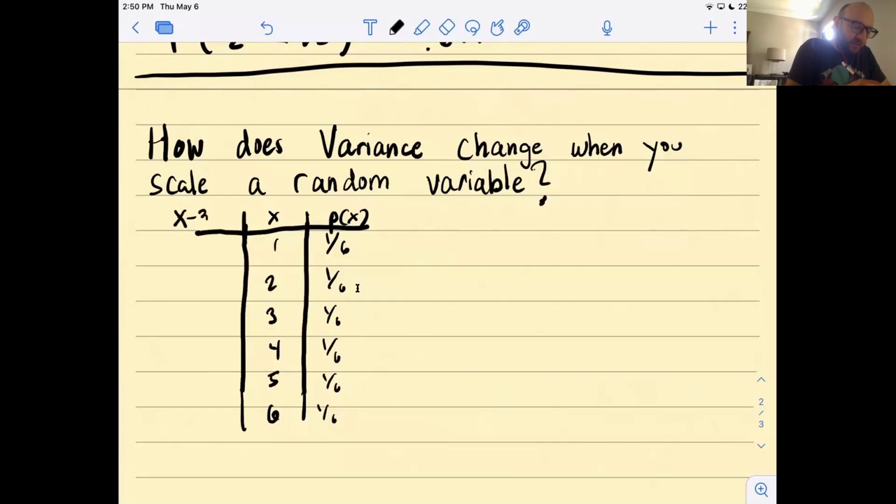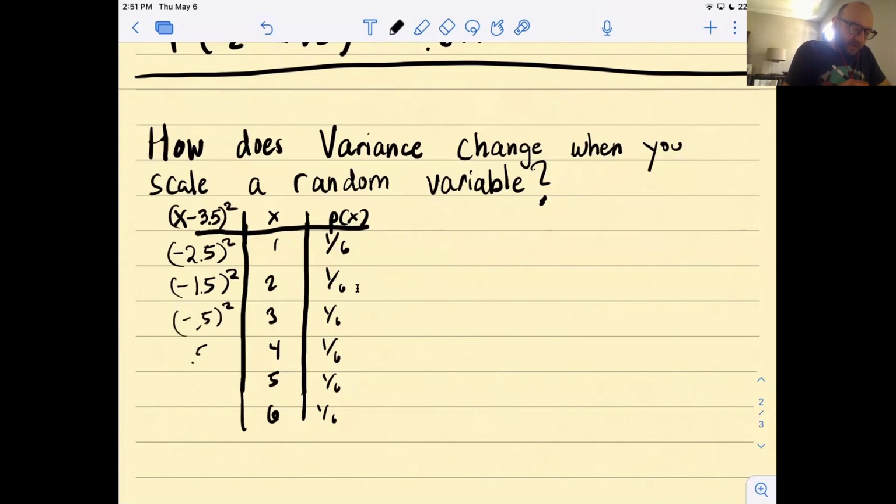And to calculate the variance, you recall, we have to do a new column here, x minus 3.5, or mu, squared. And then to calculate the variance, we're going to put numbers in here, each of these for x, and square it. So this would be negative 2.5 squared. This one would be negative 1.5 squared. This would be negative 0.5 squared.